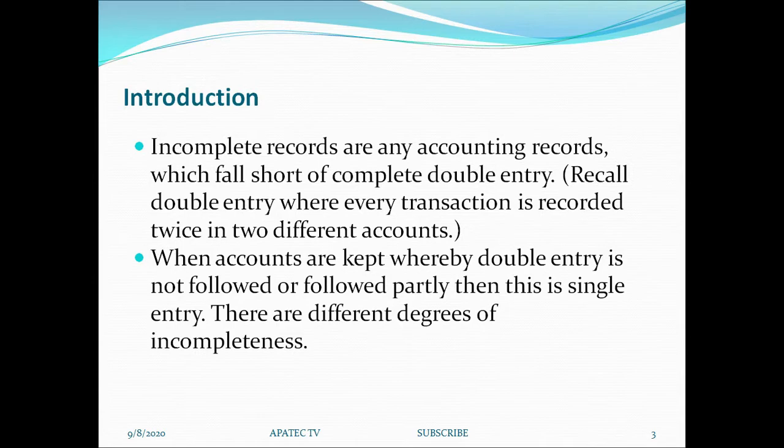Double entry is an accounting concept where all records must be recorded twice, where every transaction is recorded in two different accounts. When accounts are kept whereby double entry is not followed fully, then this is a single entry.